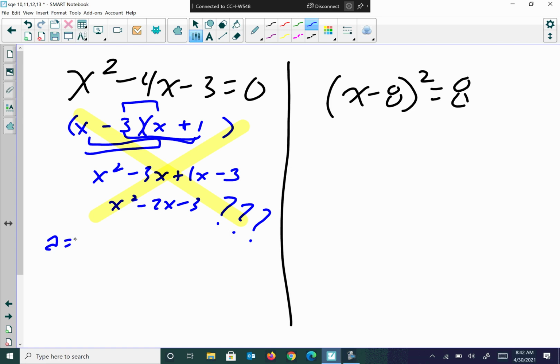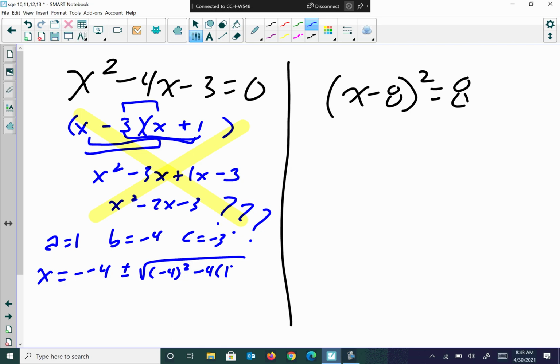So a equals 1, b equals -4, c equals -3. And we know that x is equal to -b plus or minus the square root of b squared minus 4ac all over 2a.